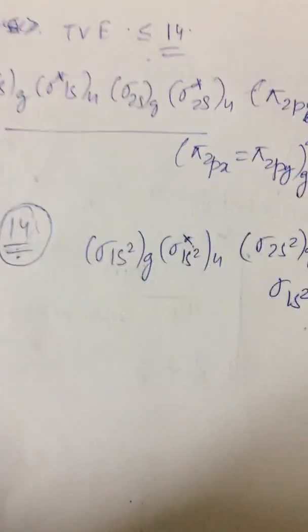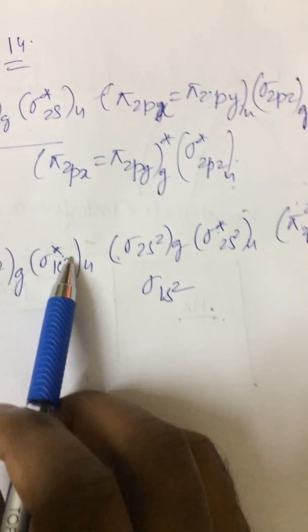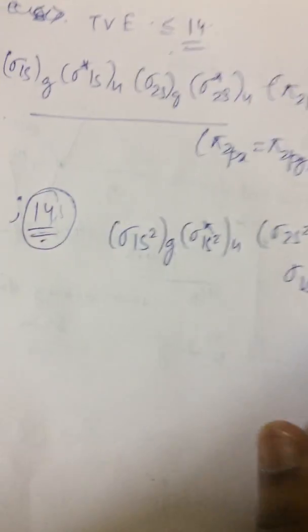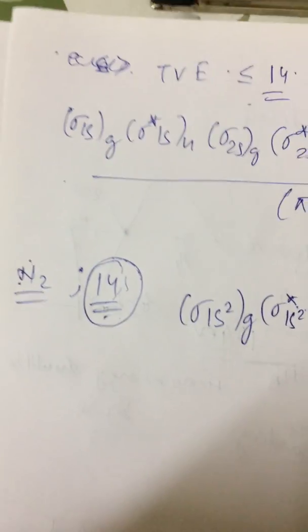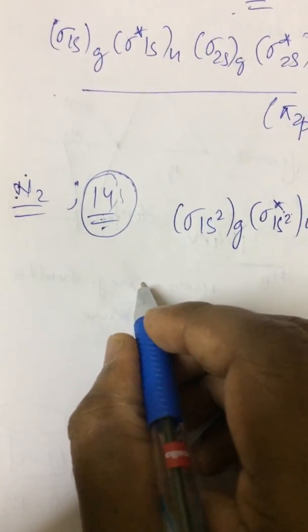Yes, right, 14. So here we can also calculate the bond order.